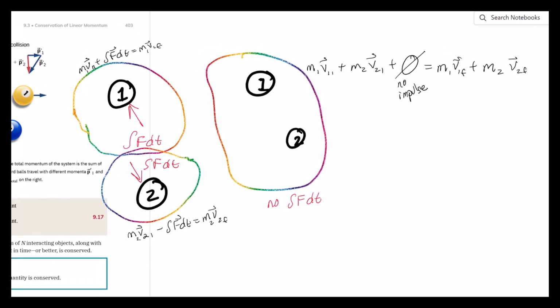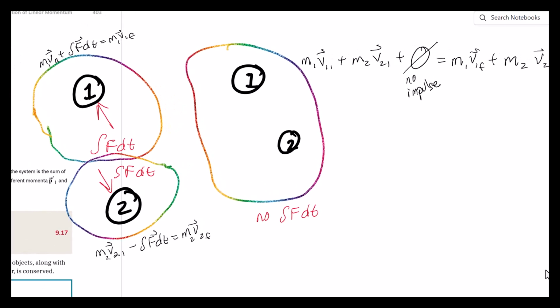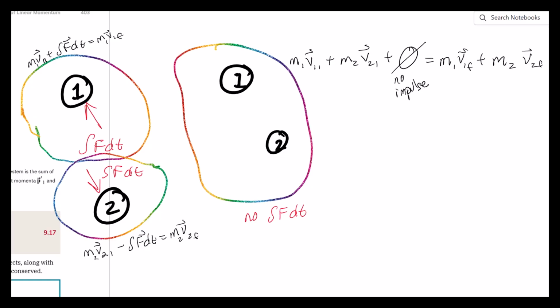So basically the idea is, depending on what you're drawing your circle around, if there are any external forces, then those need to be represented here. And if you're in the same system, it's going to be positive in one of the equations and negative in the other one.